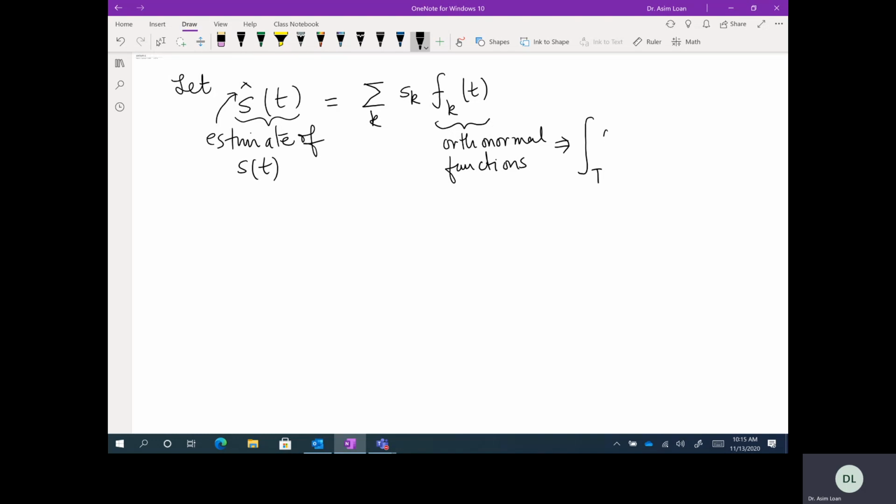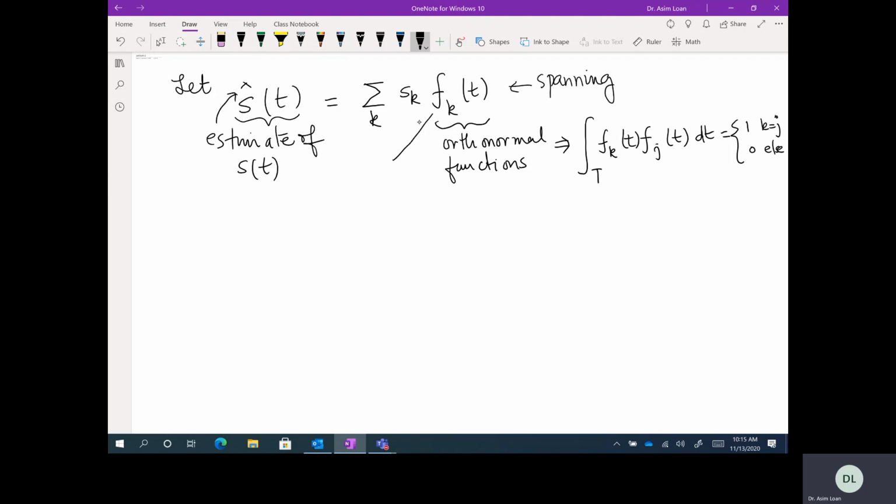So over one period, the integral of f_k of t times f_j of t dt equals 1 for k equals j, and 0 otherwise. So when k is equal to j, this is 1, otherwise this is 0. This is the definition of orthonormal functions, and simply the definition of spanning.